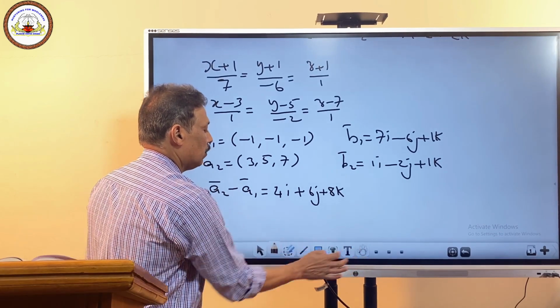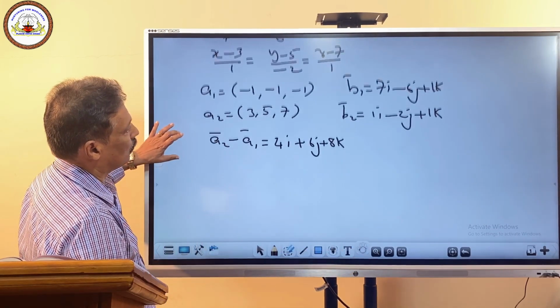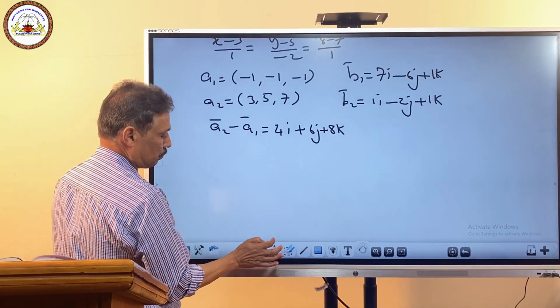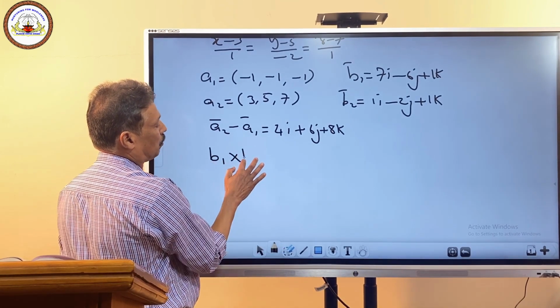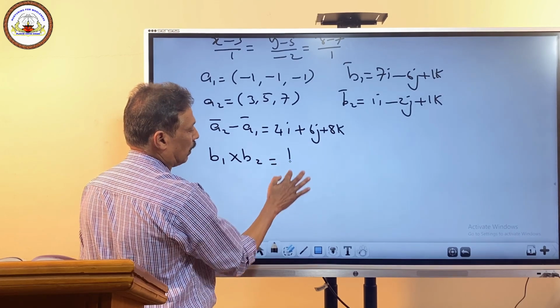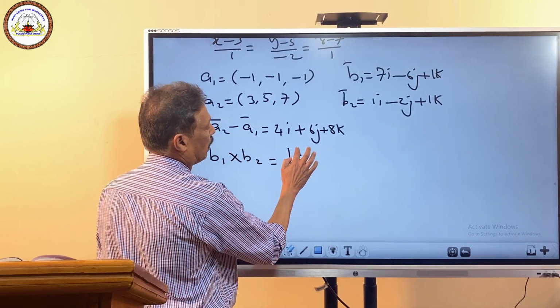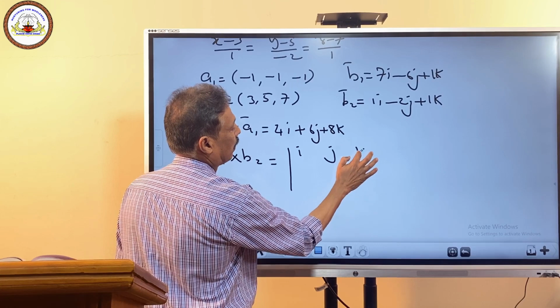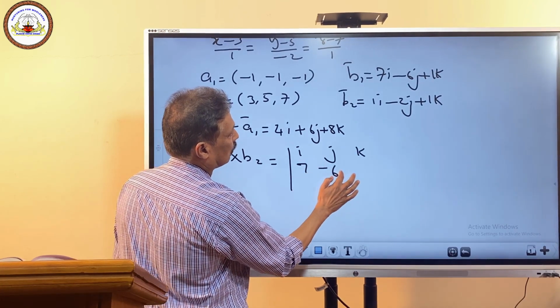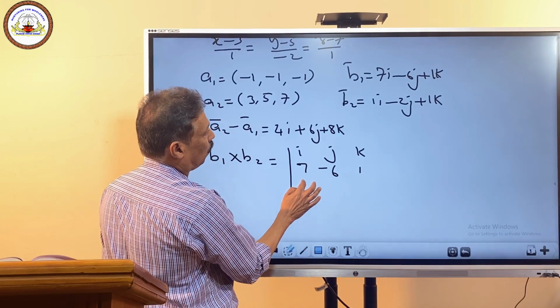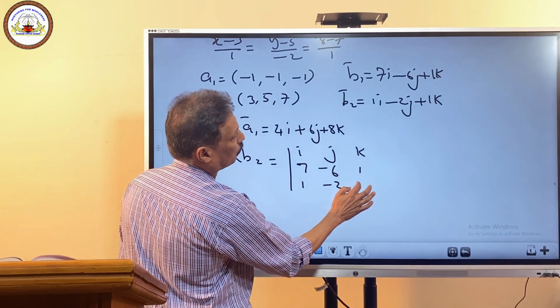Then again we find B1 cross B2, that is equal to the determinant of i, j, k, then B1 is 7, minus 6, 1, and B2 is 1, minus 2, 1.